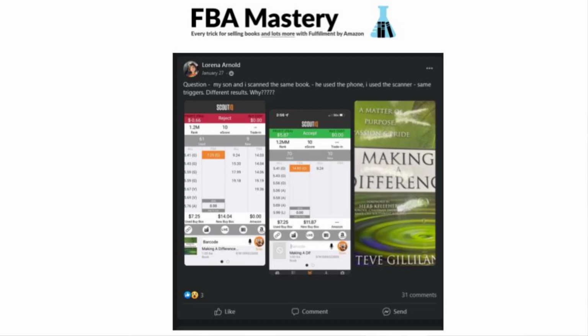In fact, I don't even know if people that use triggers even know that the numbers in these columns represent prices. I don't know how you could know that and ask this question. It's very clear the buy box price is different in these two. It's very clear there are different numbers between these two screenshots that explain why one says buy and one says reject, right?